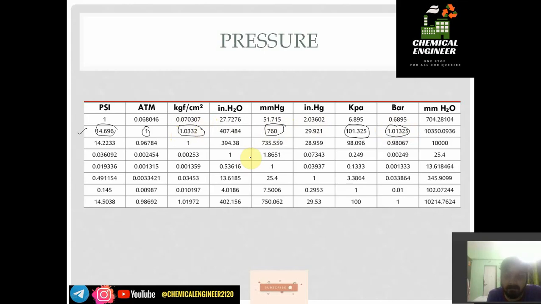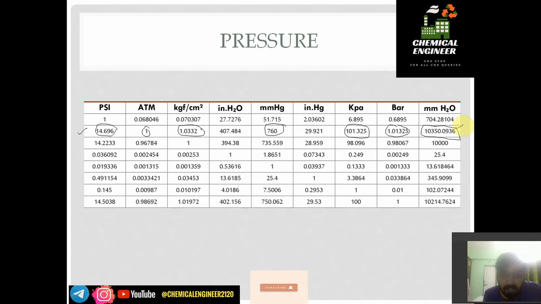You should always remember these values. And 10350 millimeter of water; you should know this value when solving questions on pumps, because they calculate in millimeter of water.